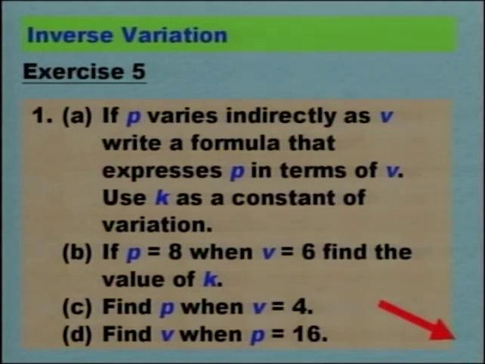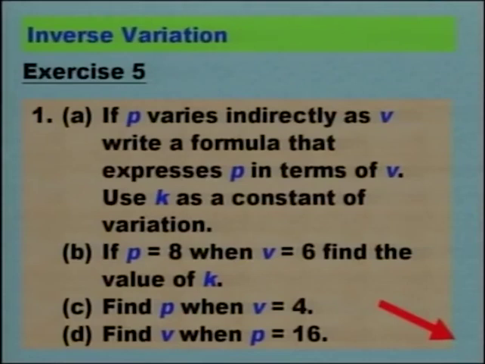All right, we'll look at the answers to question 1. Ponrele, can you give us the answer to 1A, please? P is equal to K divided by V. Okay, P equals K over V. Gabriel, your answer for B, please.